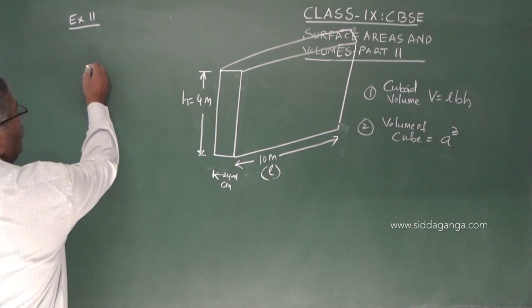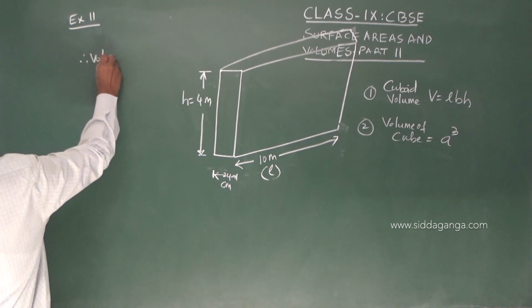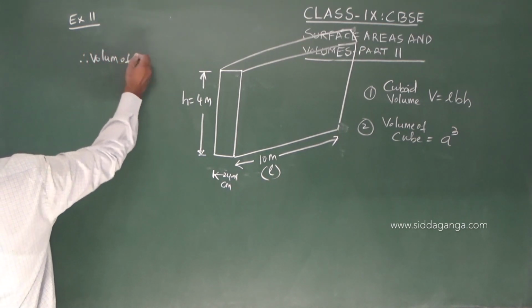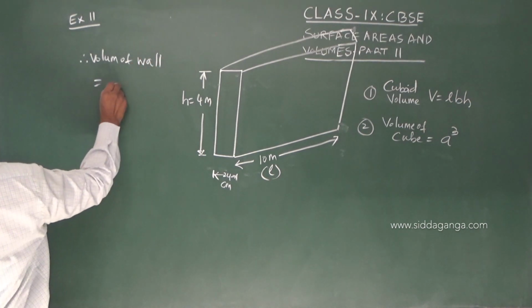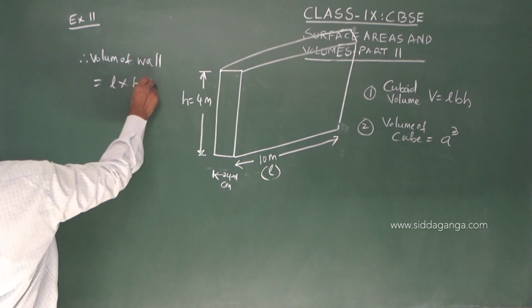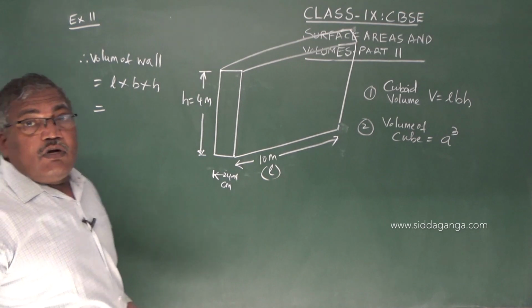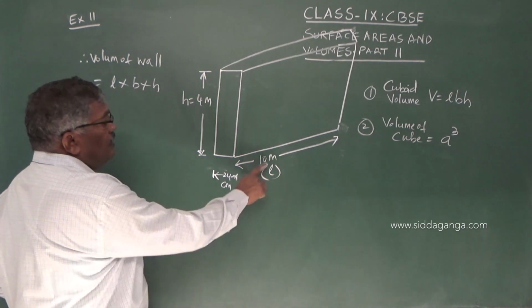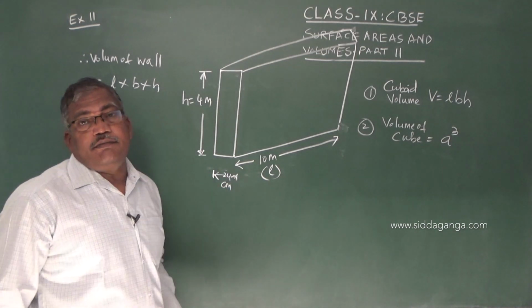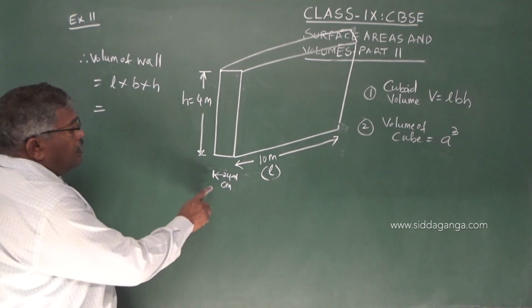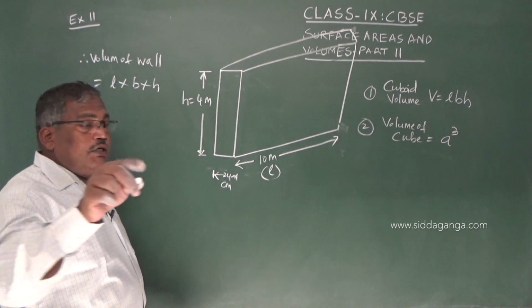So, therefore, volume of wall is equal to L into B into H. Here we have to be careful. This is in meters, this is in meters, this is in centimeters. So, convert all into one unit, either into centimeter or into meter.